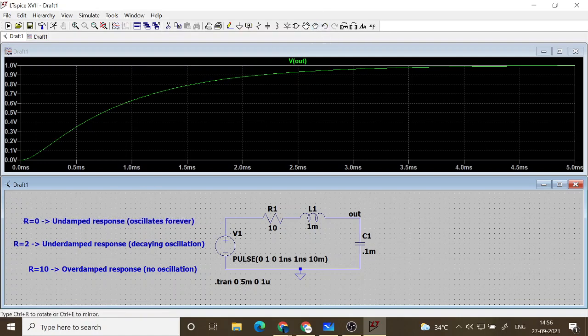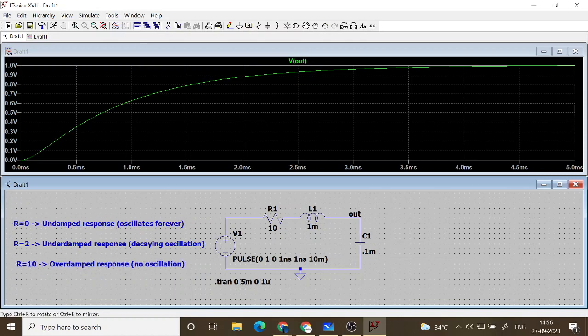Now you can do this mathematically and get exactly from what values of R you will get all of this, especially between 2 and 10 there is a critical point where oscillation begins. There is a critical value of R at which oscillation begins, so that you can find out theoretically.